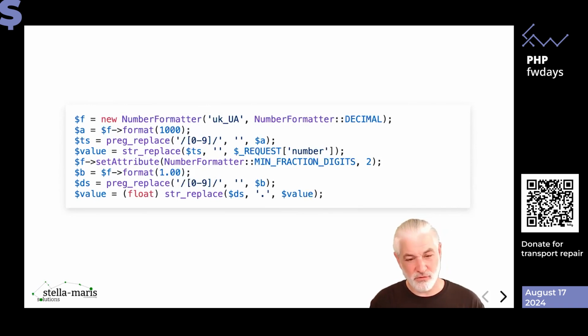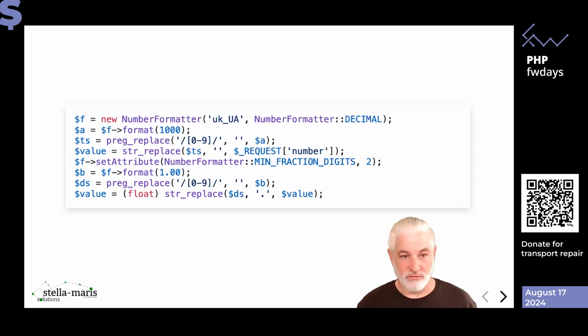Because somehow you have to figure out, okay, one approach would be: get me the number formatter, format a number, figure out what is actually used for the decimal separator, check that and use that in my input, and remove all the other things that are not numeric. You see what I mean? It really gets messy.